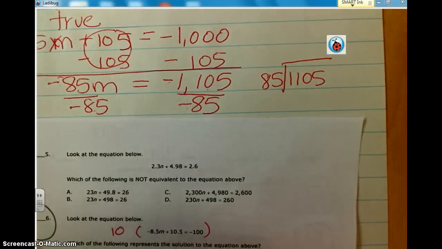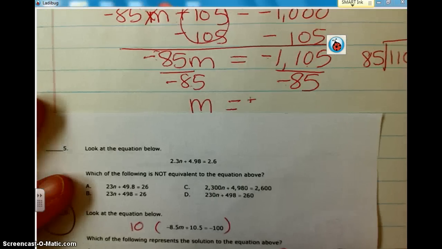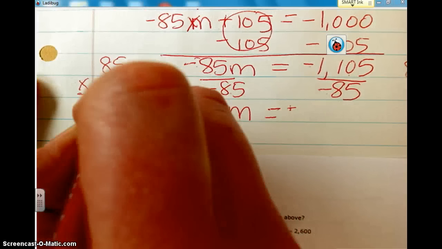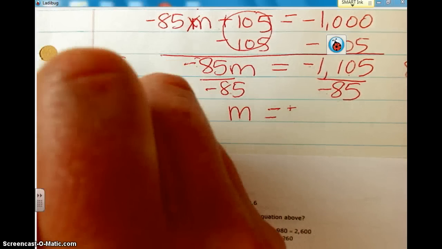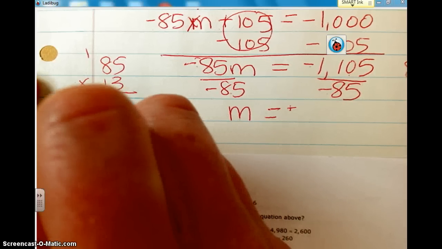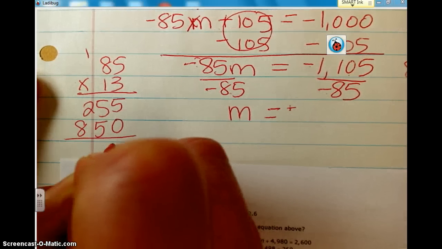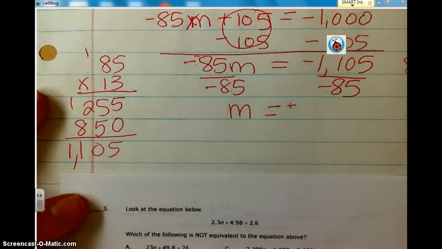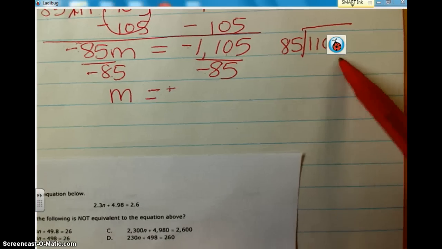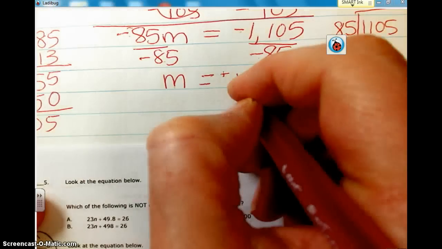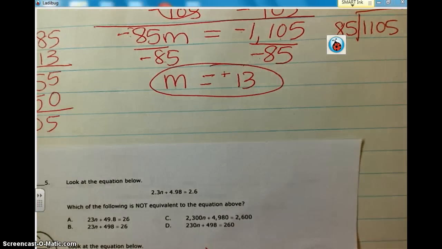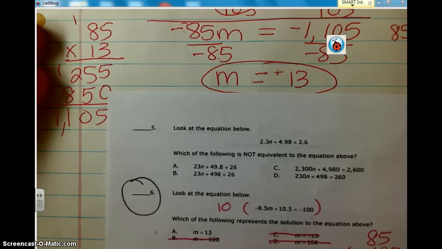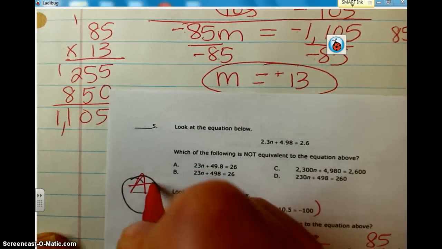So I'm going to cross off answer choice D. I can then check to make sure that 85 times 13 does give me 1105. So without even having to worry about my division, I can get an answer of positive 13. I hope that these strategies are helpful and we get answer choice A.